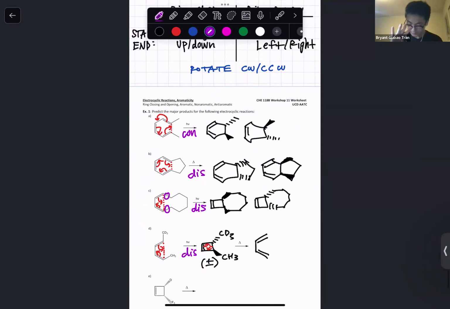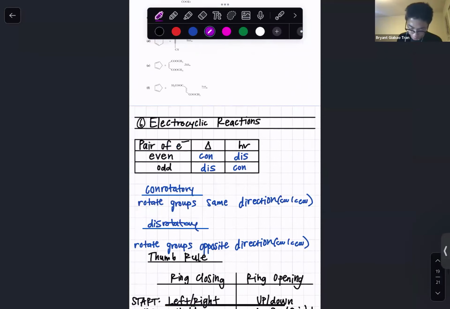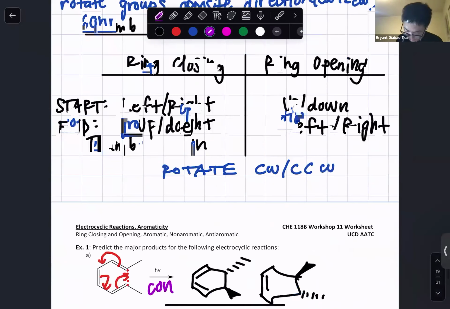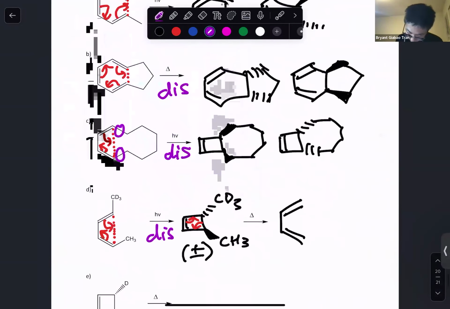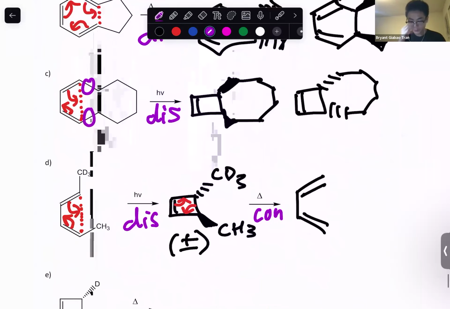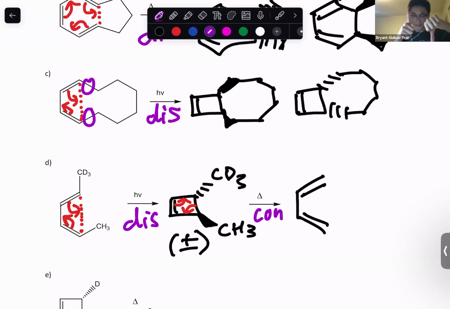We have 4 electrons, which is an even pair, and we have heat, so it's conrotatory. So we're going to rotate in the same direction. Since the groups start trans from each other, I'm going to start one thumb up and one thumb down.